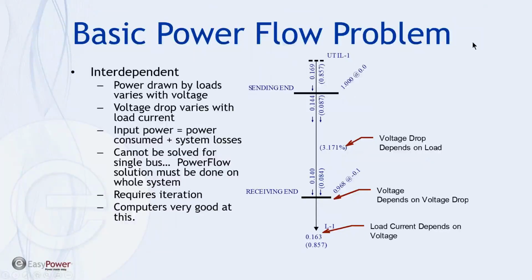Now, what is happening in PowerFlow is we're looking at a balanced situation where the power drawn by the load varies with the voltage, and then the current that's consumed by the load will also vary with voltage. So there's an interaction between the current drawn and the power produced. In a computer, this is basically comparing two sets of equations against each other.